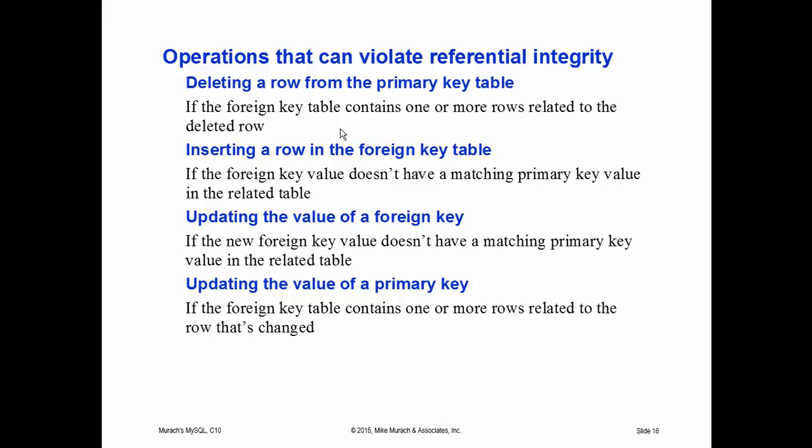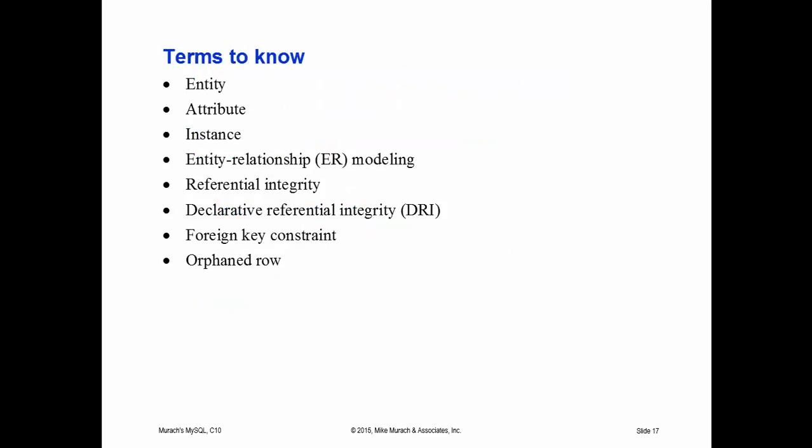In the same way, if we change the primary key of a parent, now there's nothing associated with the children. In all those cases, we're setting up the possibility for orphaned records.